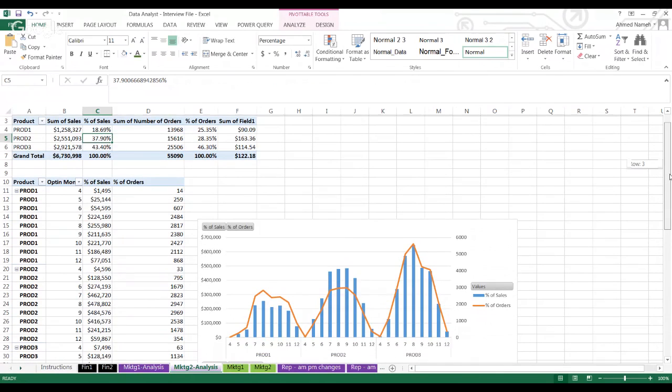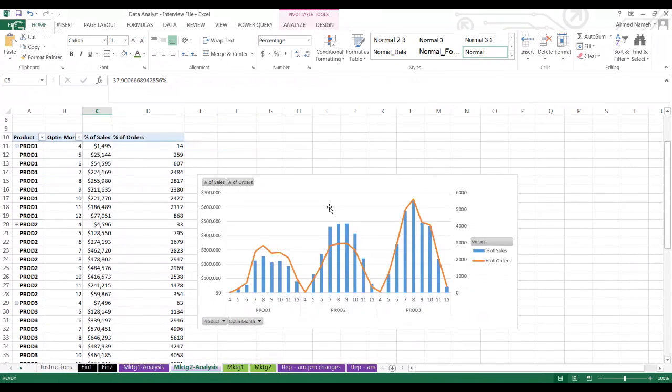Moving on now, so I plotted sales and orders for each product against the opt-in month, and a trend is quite visible. All 3 products follow a similar pattern.